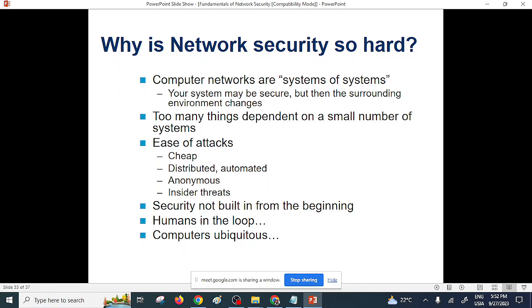Ease of attacks, right? We have threats from users, use of cheap baby hardwares, security not built in. We have also the human in the loop. These are just things that contribute to the network being hard to properly secure. Computers are ubiquitous.